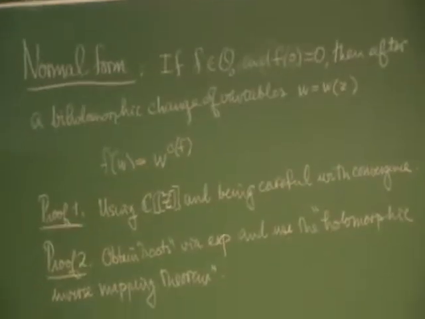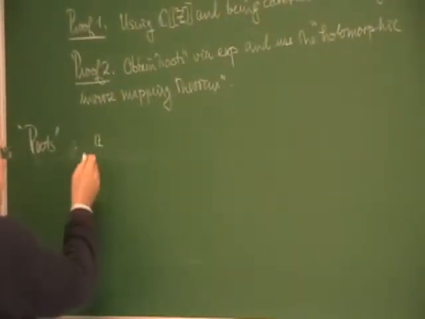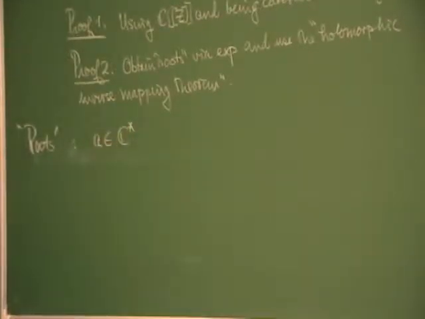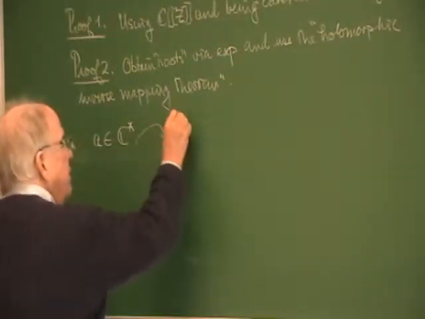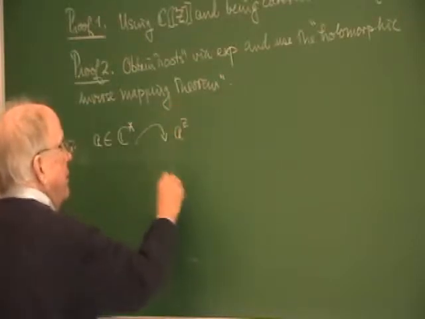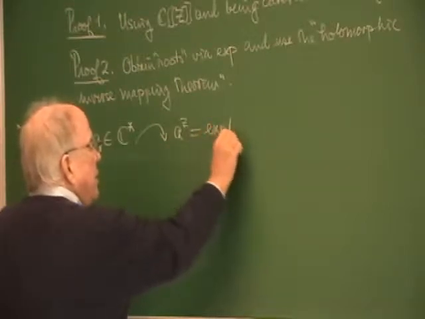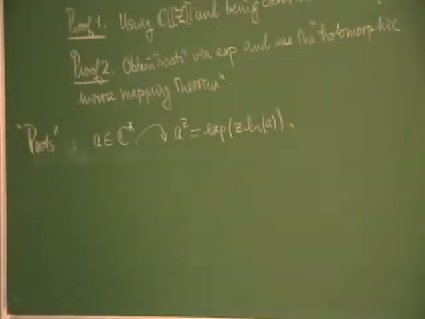Now, the roots part looks like this. You define A, where A is some number in C, not 0, and you map it to A to the power Z, if you like, as equal to the exponential of Z ln of A. You can write that down for me.